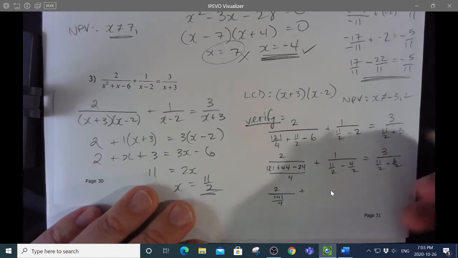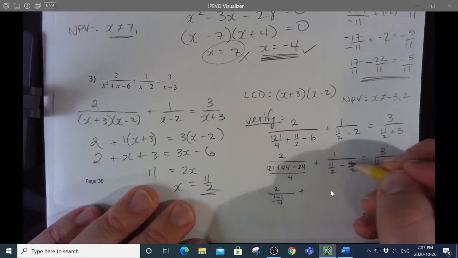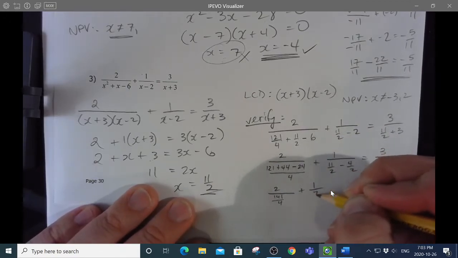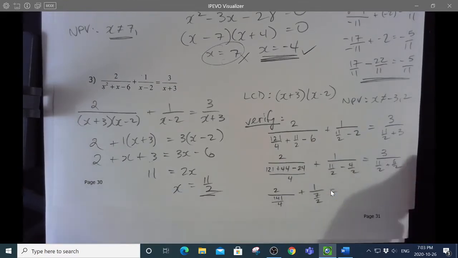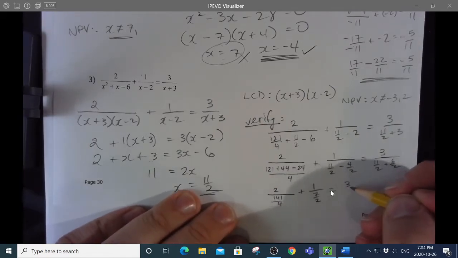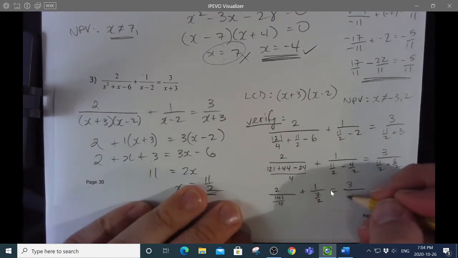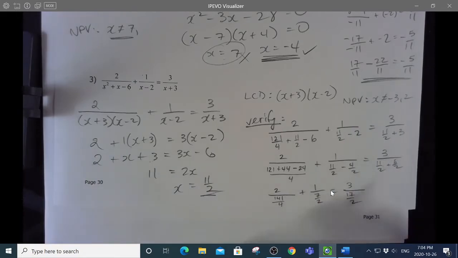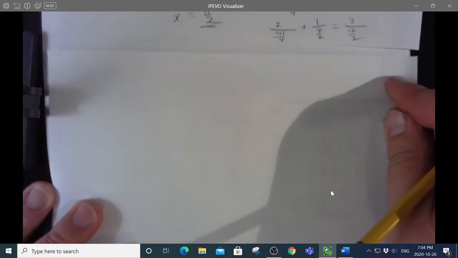Plus, this is going to be 1 over 11 minus 4 is 7 over 2, so 1 over 7 over 2. And that's then going to be 3 over, and 11 over 2 plus 6 over 2 is 17 over 2. Hoi, this is looking gross. All right, I'm going to see if I can finish this off over here. Kind of out of room there.